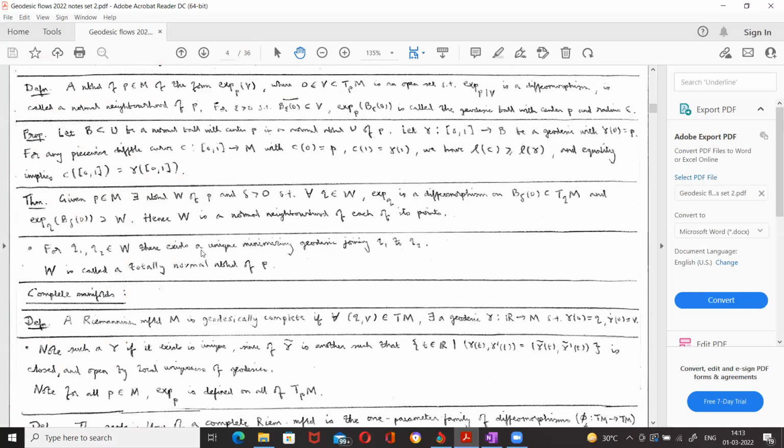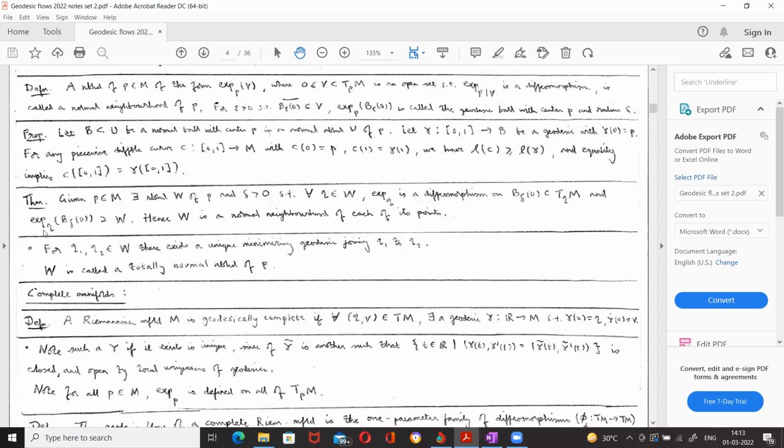All right. So let me give you the precise statement of the theorem. Given a point P in M, there exists a neighborhood W of P and a delta positive such that for any point Q in W, the exponential map is a diffeomorphism on the ball of radius delta inside the tangent space at Q. So Q is varying throughout the neighborhood W, and the exponential based at Q is a diffeomorphism on this ball, B delta 0 in TQM.